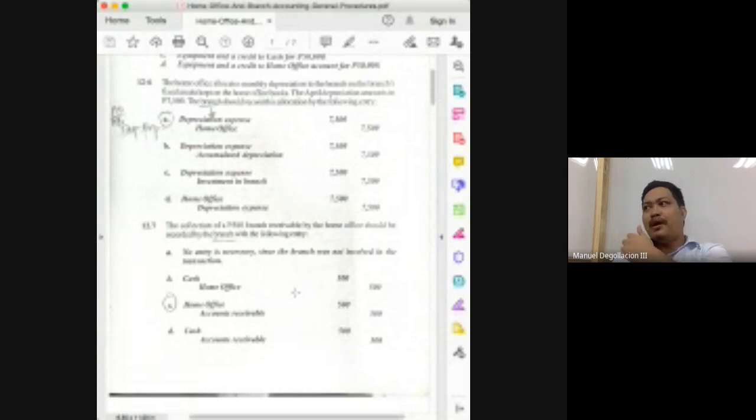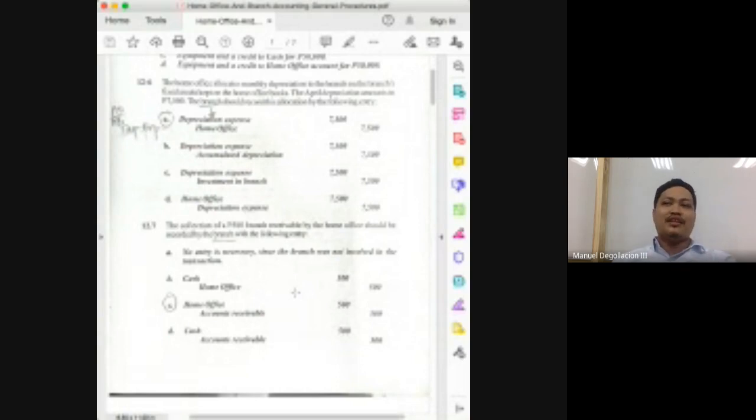The challenge on our part now would be to figure out what account will be credited. Many students would think that the account to be credited would be cash. But that is simply incorrect because the cash did not come from the branch. The asset that gave rise to the cash came from the branch, but the cash itself did not come from the branch. From whom was the cash received, class? It was from the customer.